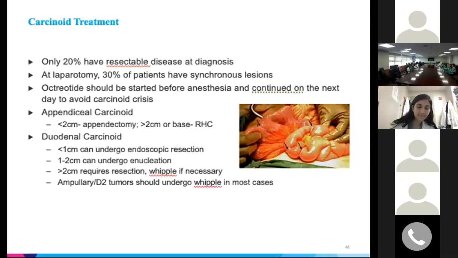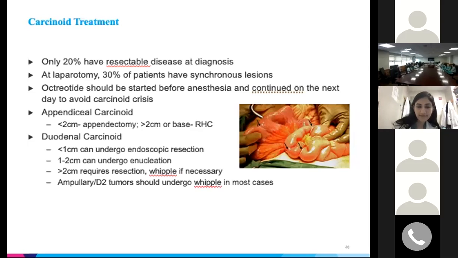And in 20%, and probably most of the time you do the completion right hemicolectomy, there's no residual disease, but it is important to decrease the incidence of recurrence. So even if 2 centimeters is the magical number, you need to talk to pathology to look at characteristics of the tumor itself that may warrant a more extensive resection.